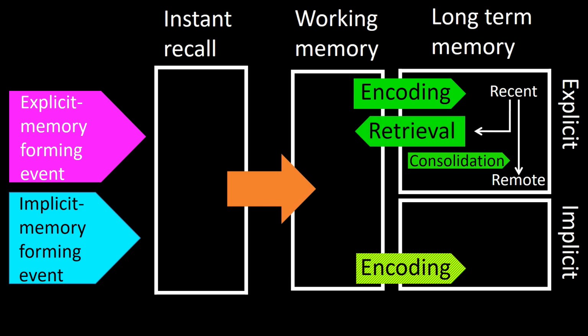Retrieval of recent explicit memories, the transfer of recent explicit memory to working memory, needs hippocampal formation involvement. Retrieval of remote explicit memory does not. Retrieval of explicit remote memory is solely a cerebral cortical function.